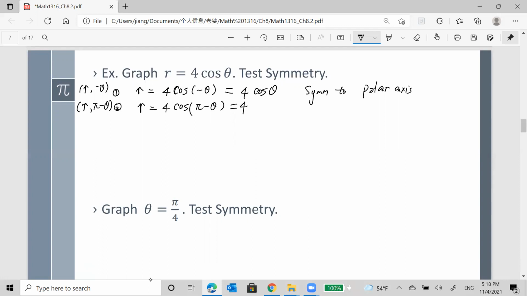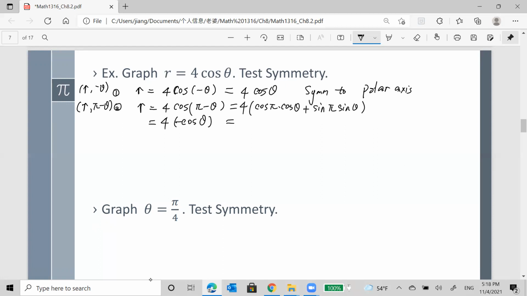We can expand: 4 times cosine pi times cosine theta plus sine pi times sine theta. Cosine pi is -1, so we have negative cosine theta, and sine pi is 0, so 0 times sine theta is 0.